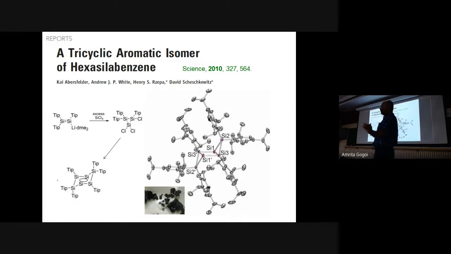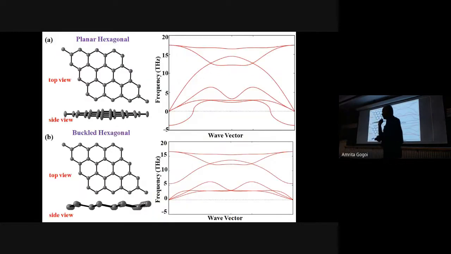So what we said is that puckering is an inherent nature of the system. That is the point at which we concluded. Now, this is what we also find. If you look at the phonons with respect to the wave vectors, you see you have vibrational instability when it is a planar silicene. When it gets buckled, the vibrational instabilities are removed.